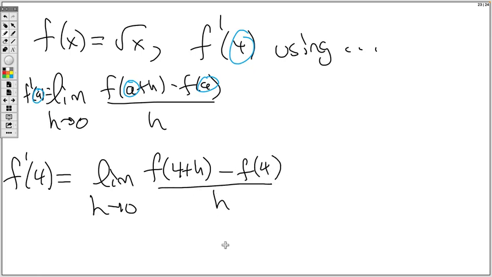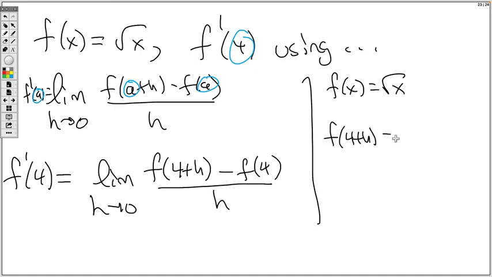Let's first make sure we understand what we're plugging in. We're always plugging in for the a's here. We're good with that? Now we have to go back and do some algebra. f of x is the square root of x. So what's f of 4 plus h?